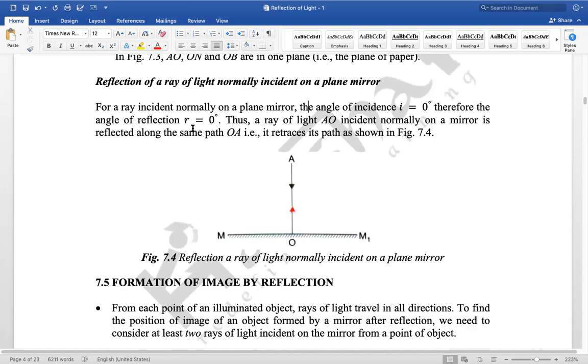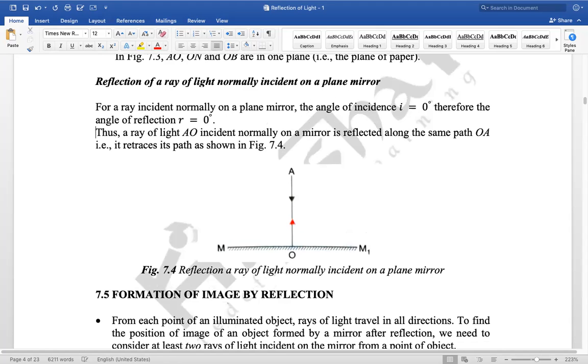Therefore, the angle of reflection R is equal to 0 degree only. Thus, a ray of light AO incident normally on a mirror is reflected along the same path OA. That is, it retraces its path as shown in the figure.